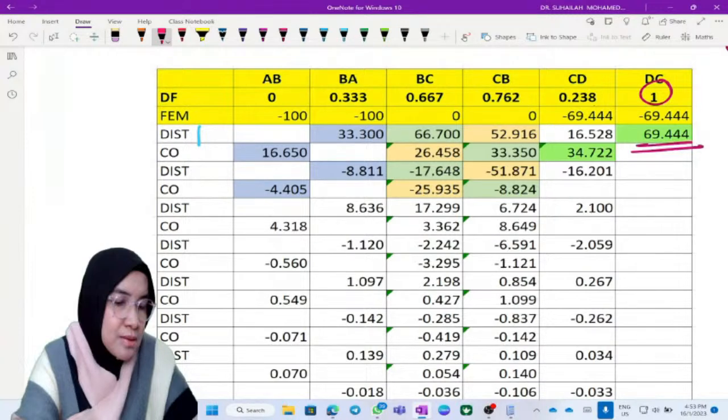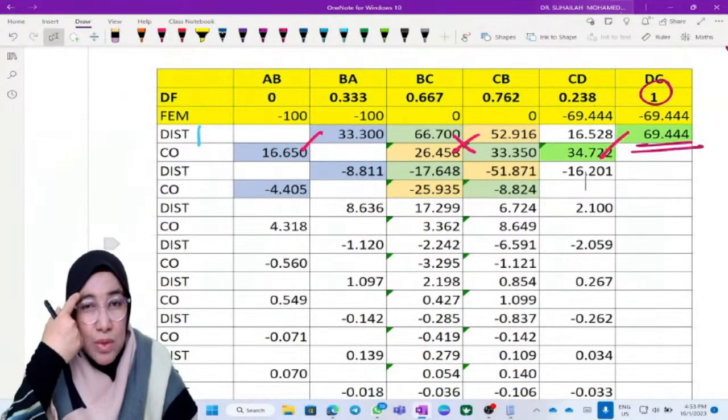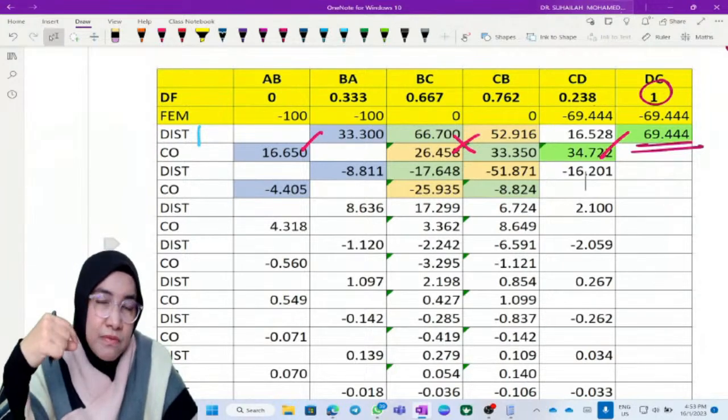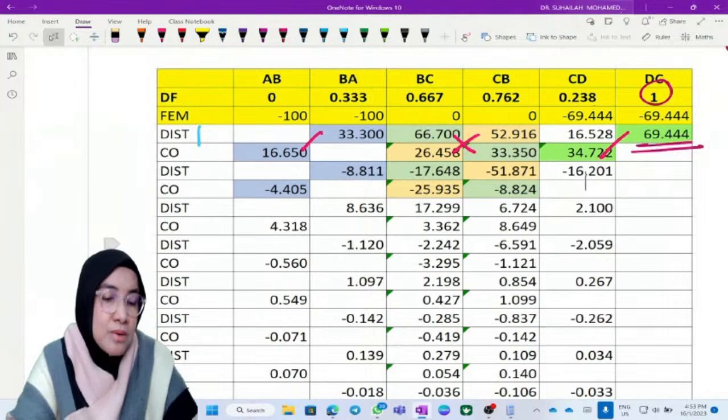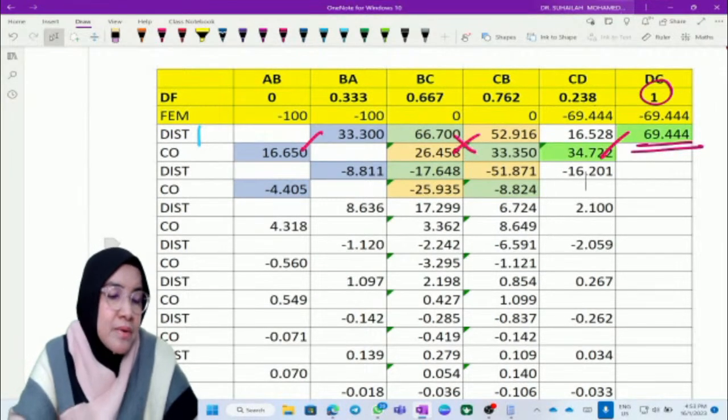Okay, we do not carry CD to DC, because the carryover factor for D is 0. So we do the process again and again, repeating the same process.